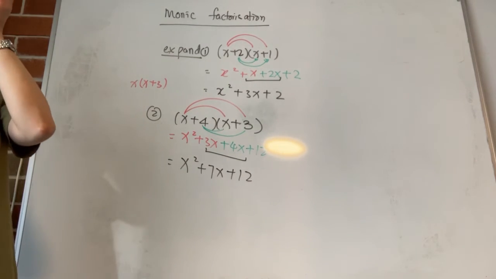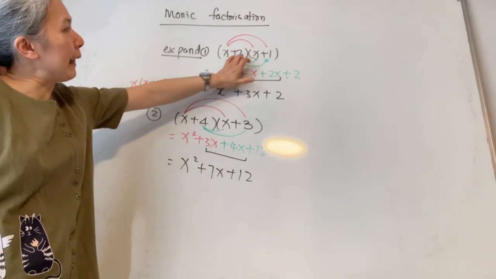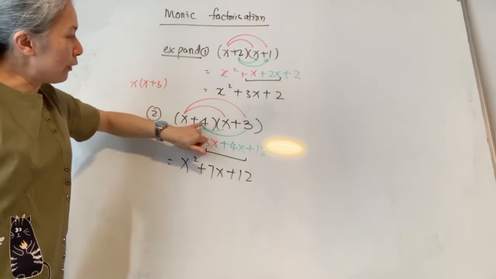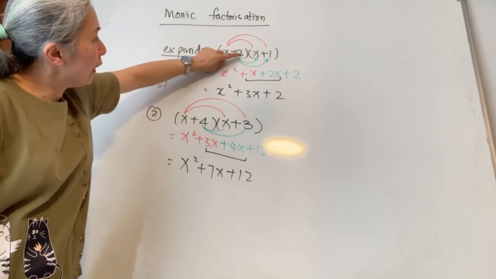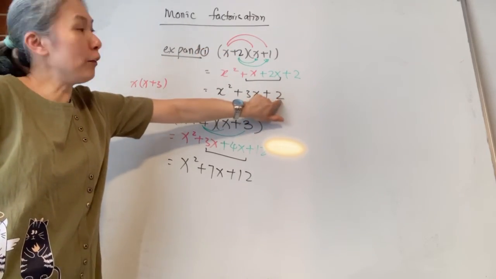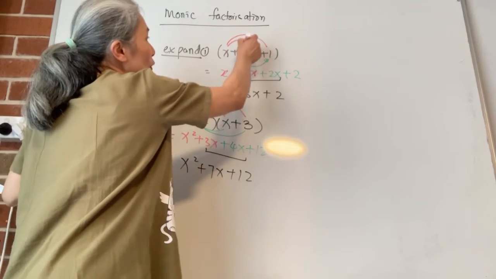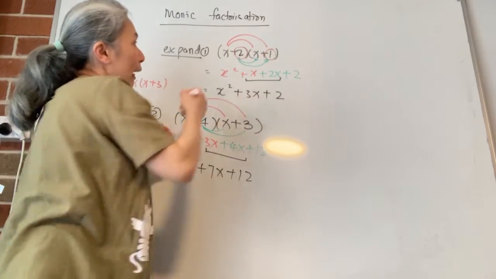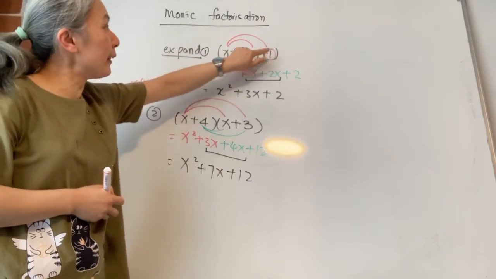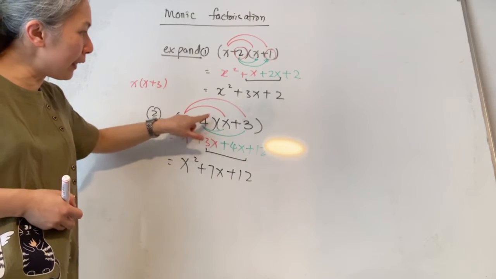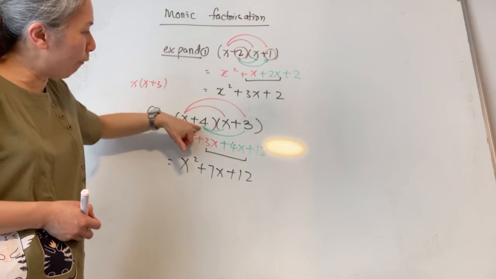Right, our aim for today is factorizing. So if you look at these two numbers in here, and you look at these two numbers in here, right? So let's make a summary of what we can do. Look at the 2 and the 1. If I multiply 2 by 1, I get 2. Is that right? If you multiply these two numbers, this is where this number comes from, the expansion of 4 times 3.